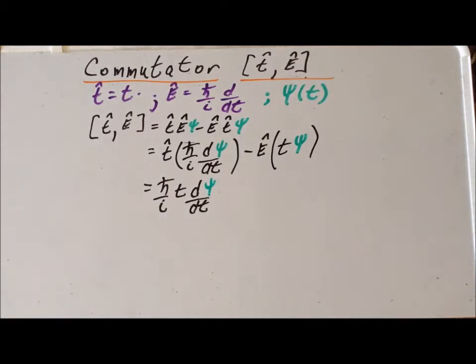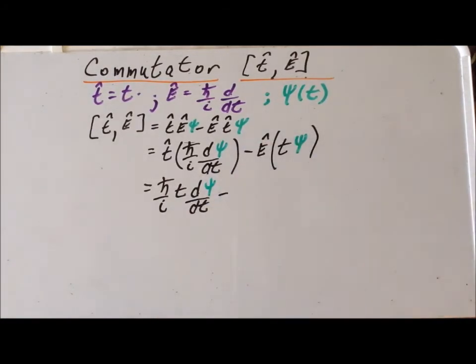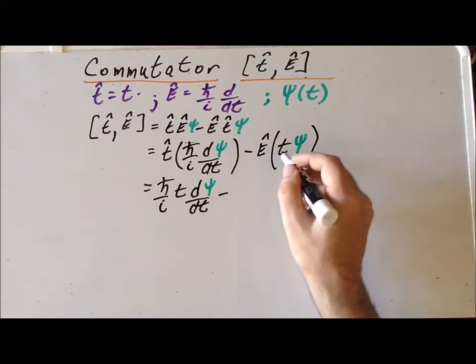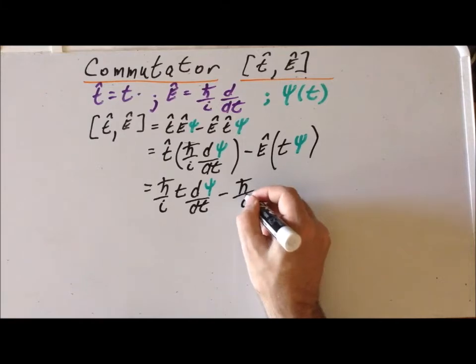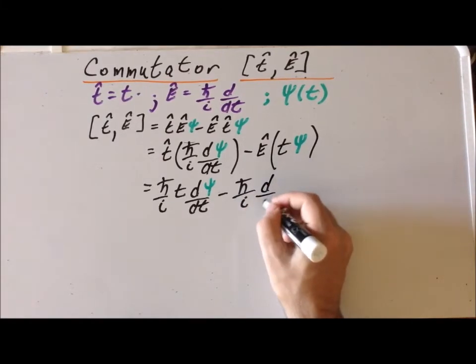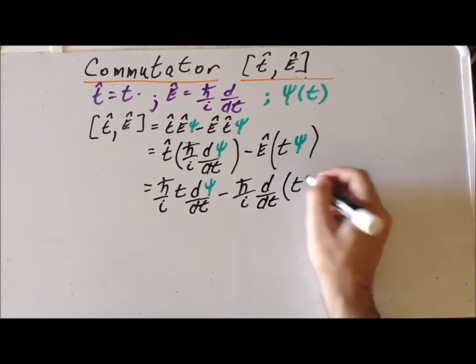Now for the next, we need the energy operator to act upon t psi. And this has the value of h bar over i, and it's the first derivative with respect to time of this product, t times psi.